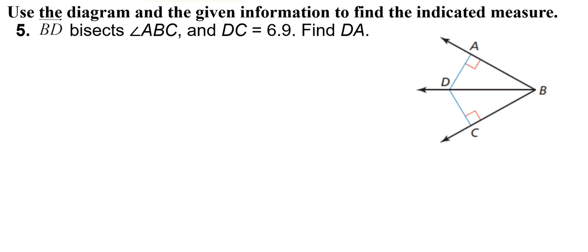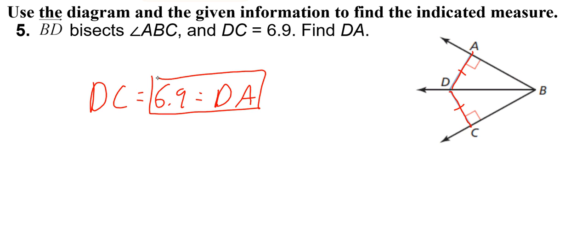Now use a diagram. BD bisects angle ABC. So if I know that, then I know that DC is going to be congruent to DA. DC equals 6.9, so that also equals DA.